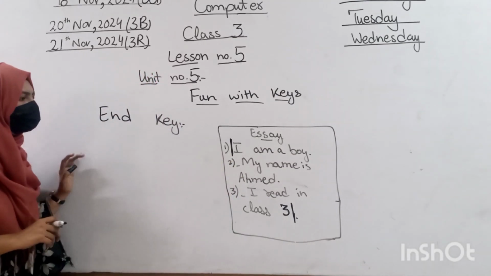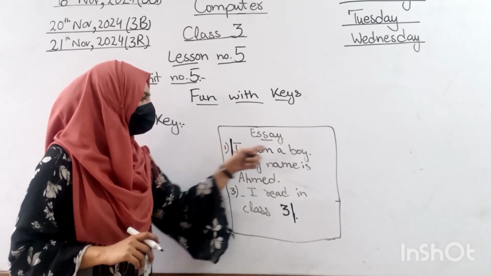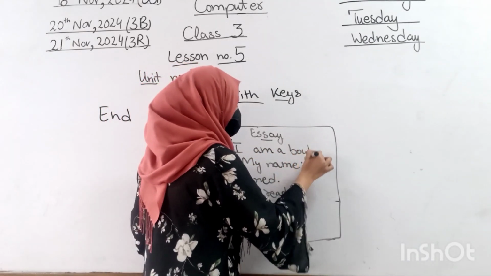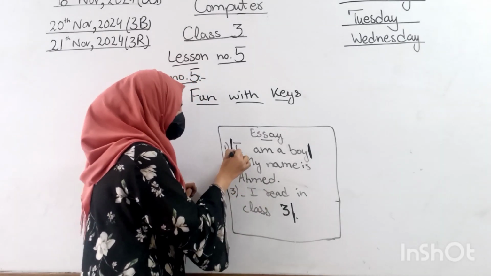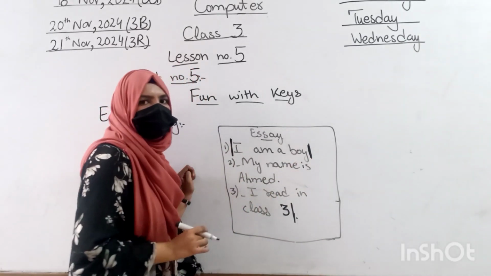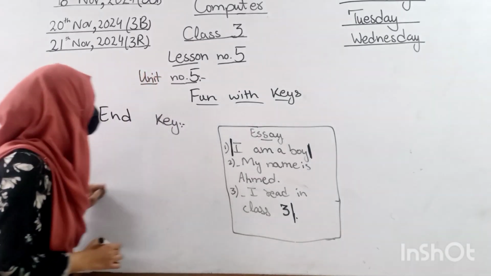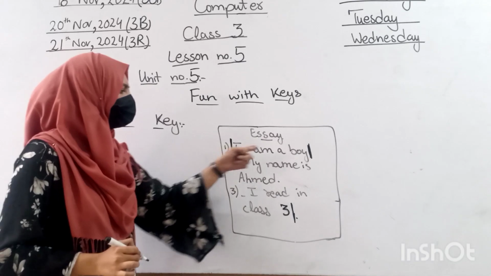The end key is used to move the cursor from the beginning of the line to the end of the line. If you want to move the cursor from the start of the line to the end of the line, you will click the end key and the cursor will move from this position to this position.